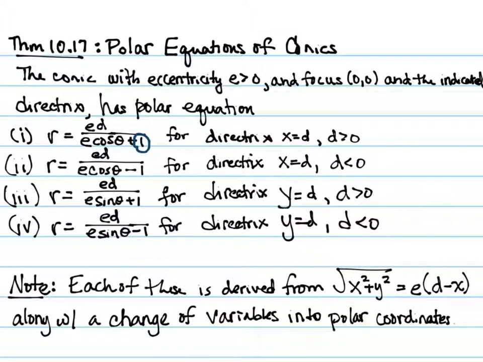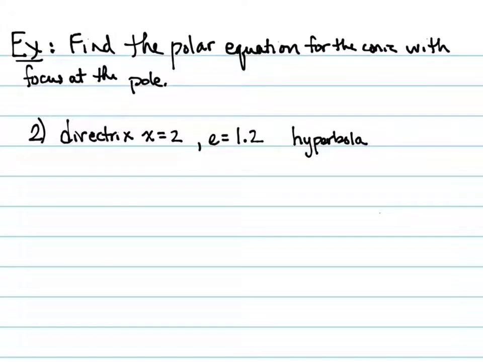My directrix is x equals, which puts me in either case 1 or case 2. And the d value is positive, so it is case 1. You're right. So the eccentricity is 1.2, so r equals 1.2 over 1.2 cosine theta plus 1.